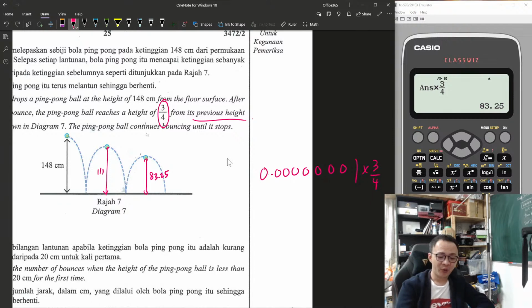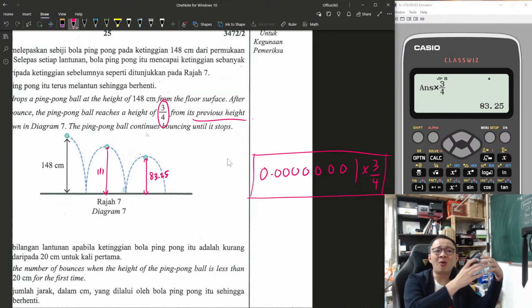Therefore, when the value is extremely small until this level, we just assume it's 0. We just assume it stopped there. So when we want to sum all the extremely small values in a progression, we will do sum to infinity. The main idea about sum to infinity is that at the back, we have Tn terms that are extremely small until they will not affect your value. So eventually the value will go to a constant.